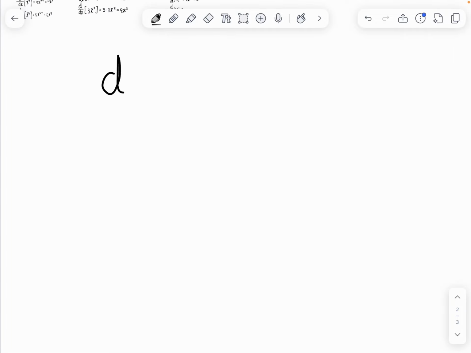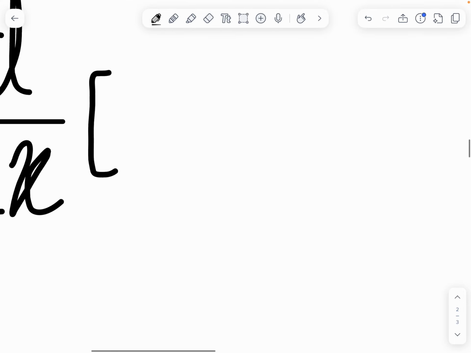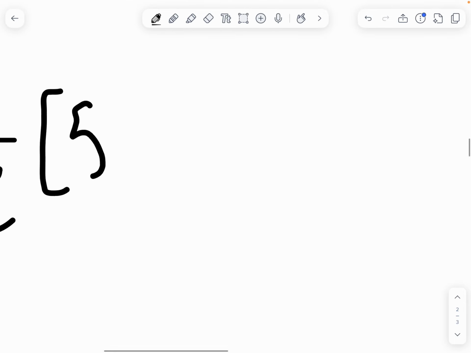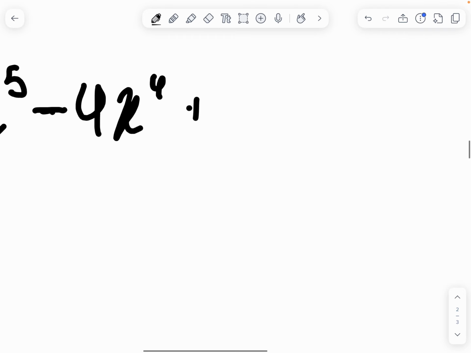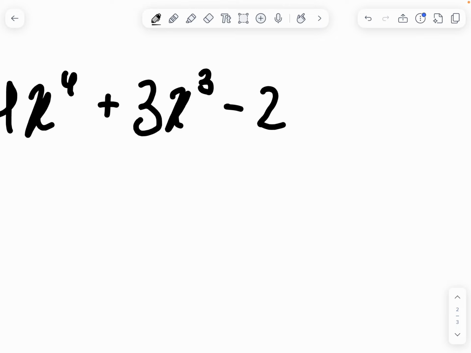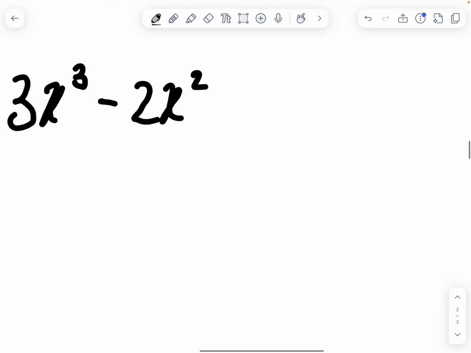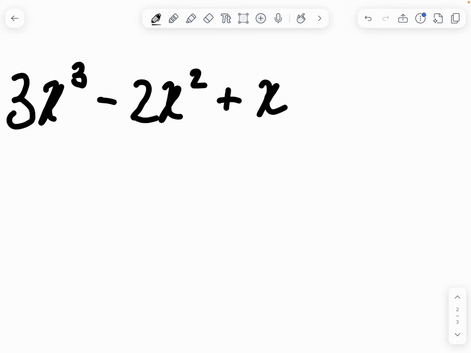So what is the derivative of, let's pick a bunch of random numbers, 5x to the power of 5 minus 4x to the power of 4 plus 3x to the power of 3 minus 2x to the power of 2 plus x minus 0.